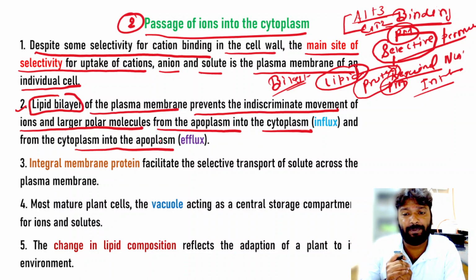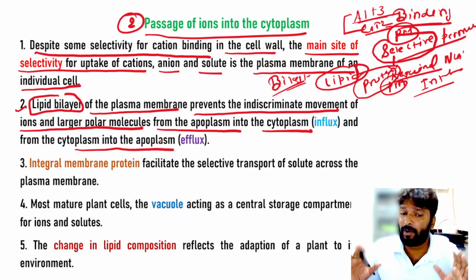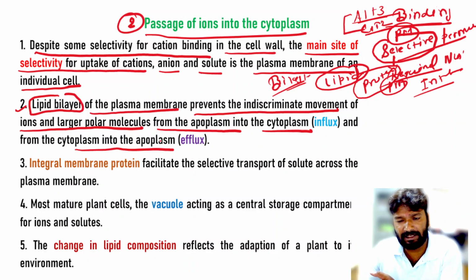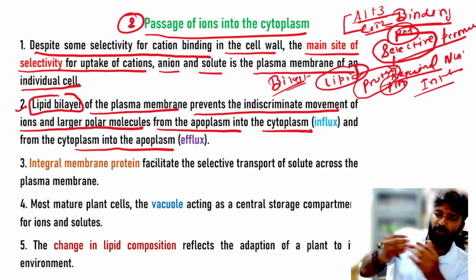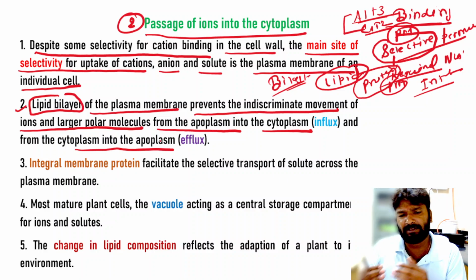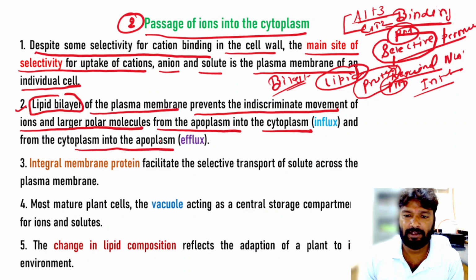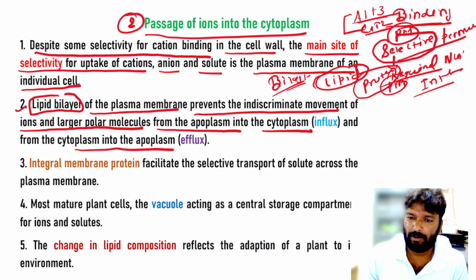So it prevents the movement of ions and molecules, influx, which means apoplasm to the cytoplasm, or cytoplasm to the apoplasm. Influx and efflux. Okay. So the plasma membrane or lipid bilayer is responsible for the selective permeability.